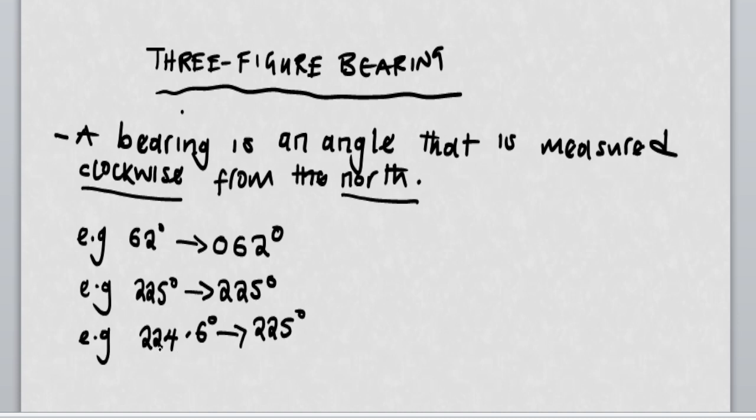Then if you have something like 46.2 degrees, when you round this one off, it becomes 46, so it becomes 046 degrees. So these are examples of the three-figured bearing.